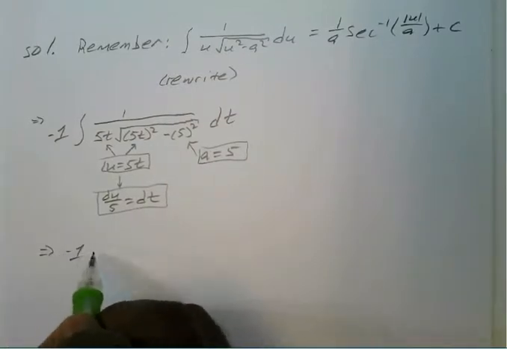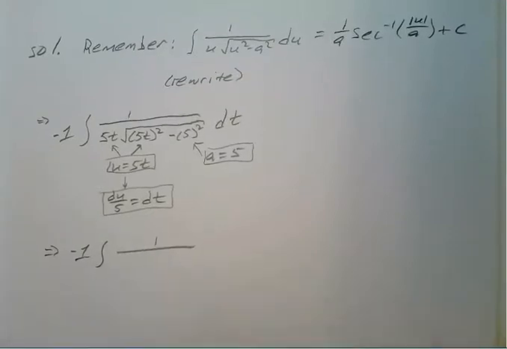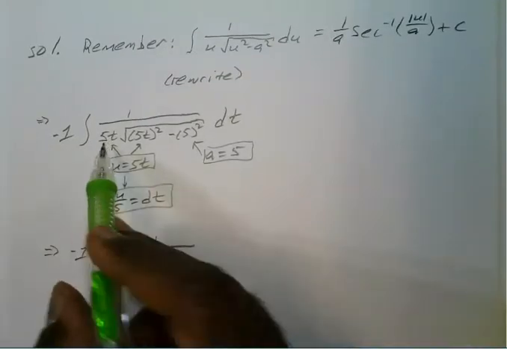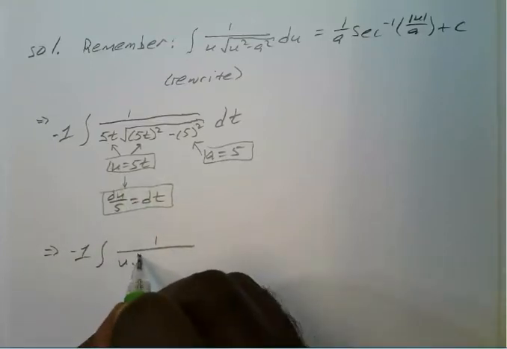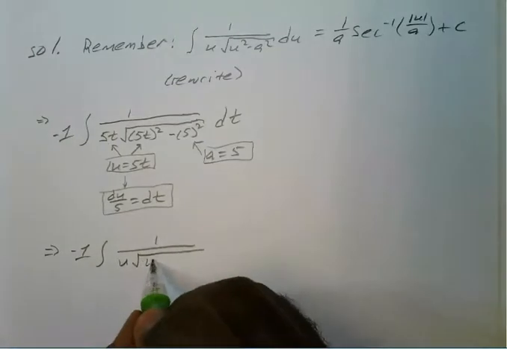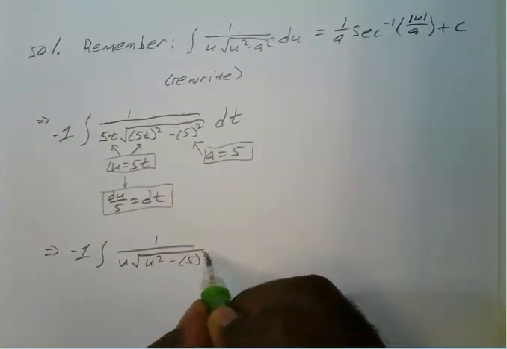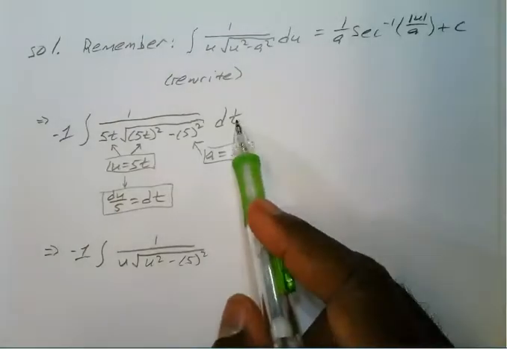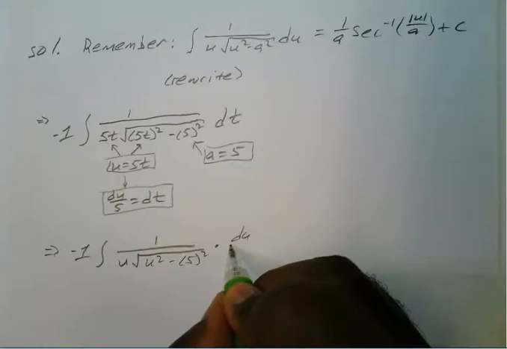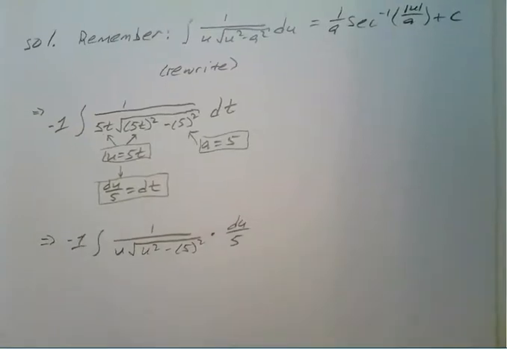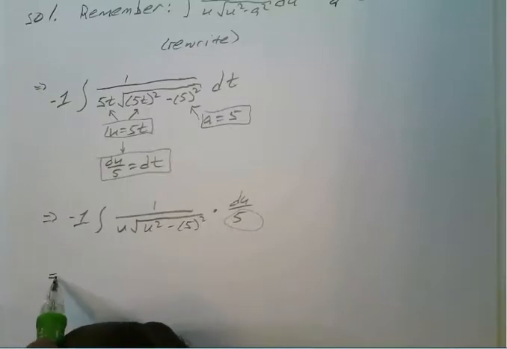Okay, so you have negative 1 times the integral of 1 over, you have 5t, which is your u. You can put 5t or you can put u, doesn't matter, times the square root of u squared minus your a squared. I'll just go ahead and put the 5 squared here. With respect to t, remember dt is equal to du over 5. And we get that 5 and we bring it out to the front.